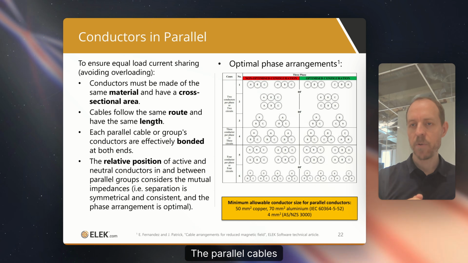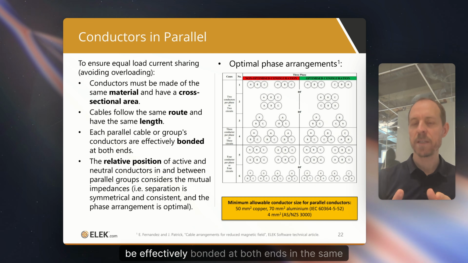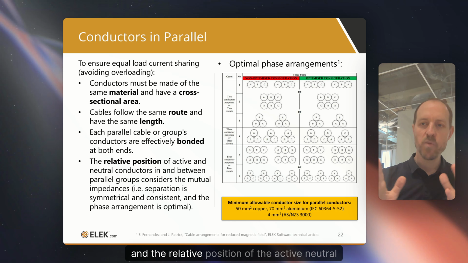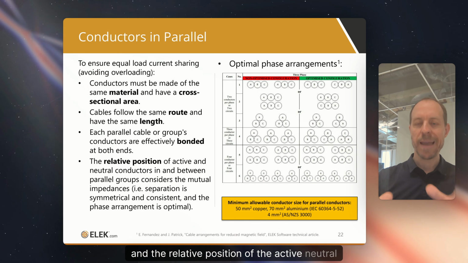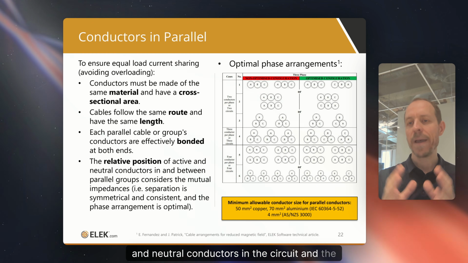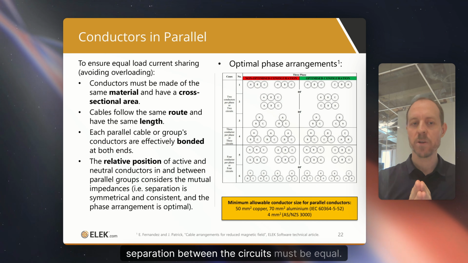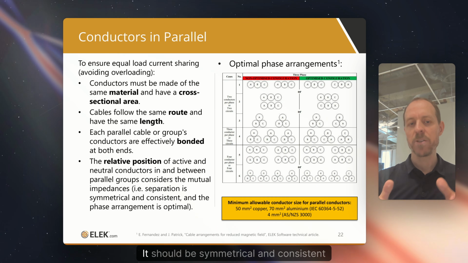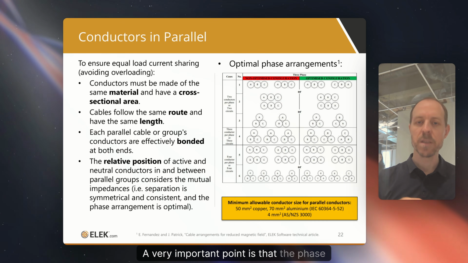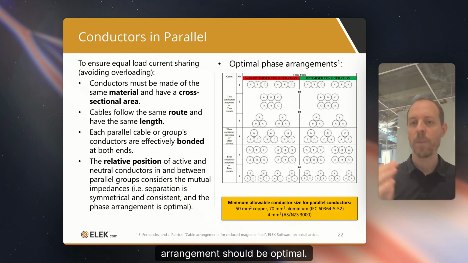The parallel cables must be effectively bonded at both ends in the same manner, and the relative position of the active, neutral, and earth conductors in the circuit and the separation between the circuits must be equal. It should be symmetrical and consistent. A very important point is that the phase arrangement should be optimal.